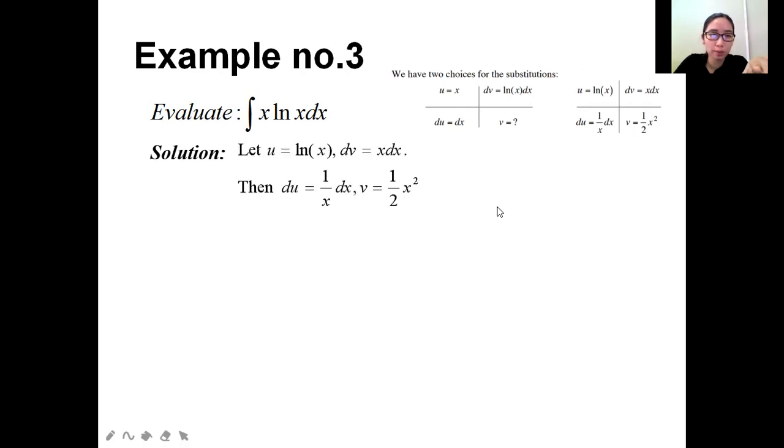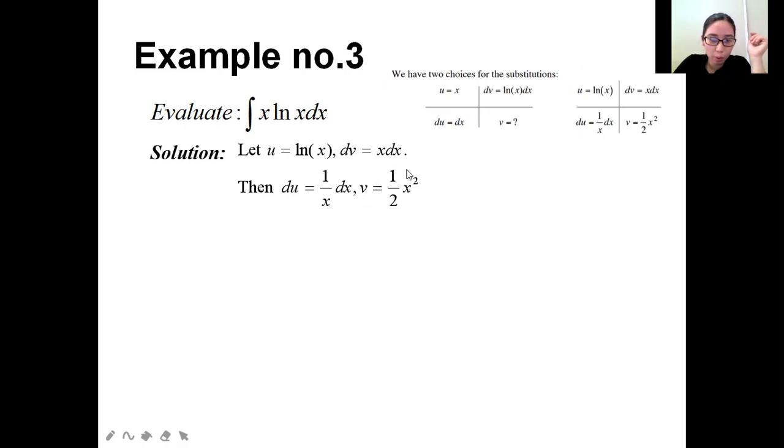So for the solution, what I did was I used the one on the right side. Okay, so I let u be equal to ln x, then dv is equal to x dx. Then my du will now be equal to 1 over x dx.